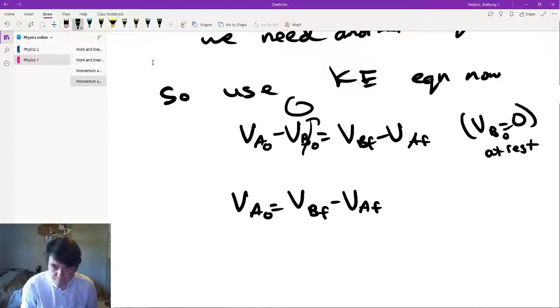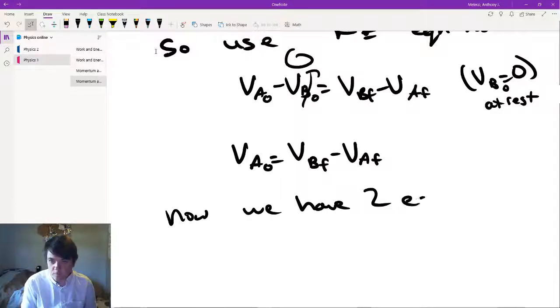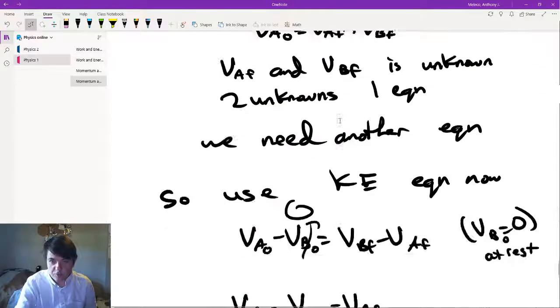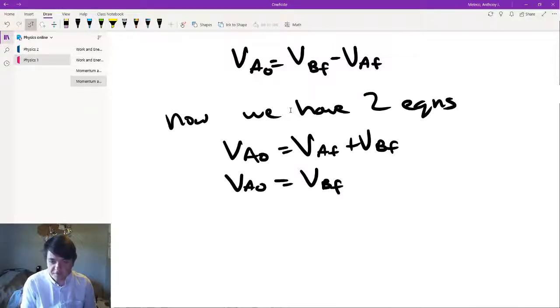This is equation 2. So now we have 2 equations: VAO equals the 2 added, and VAO equals the difference of the 2.